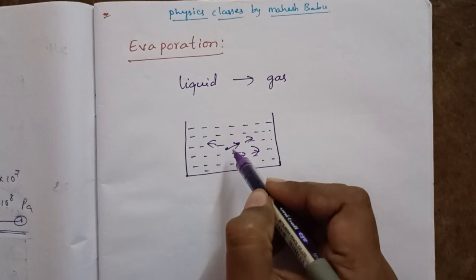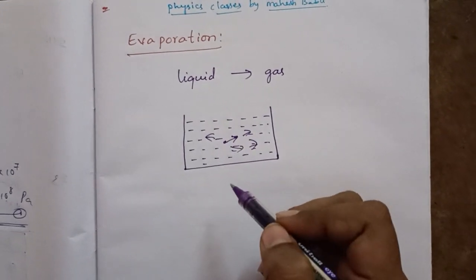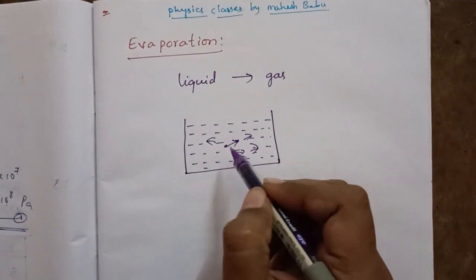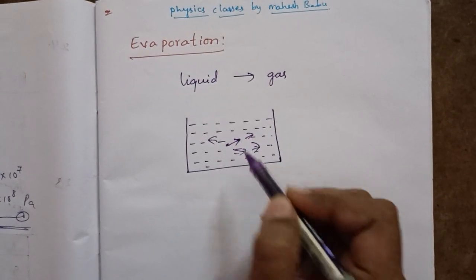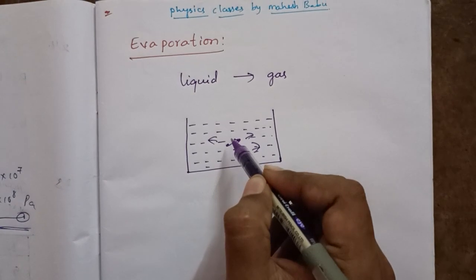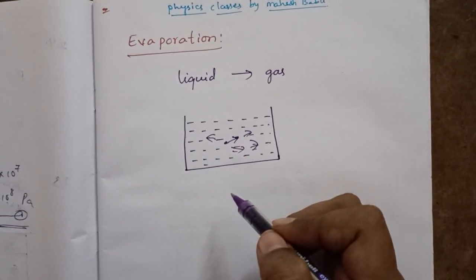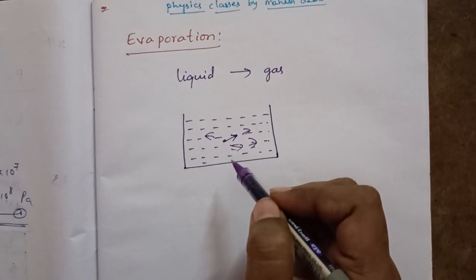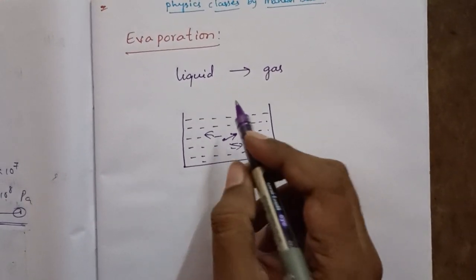During their motion, water molecules collide with other molecules. During that collision, a molecule can transfer its energy. Energy will be transferred from one molecule to another molecule.